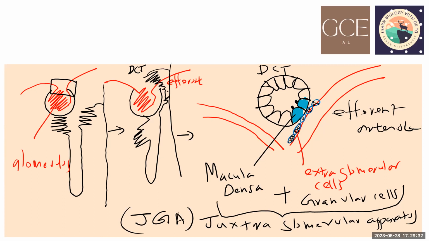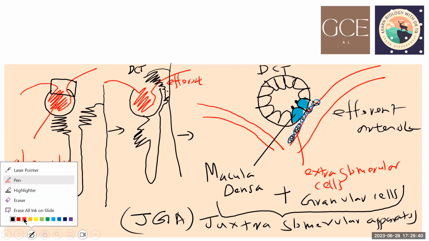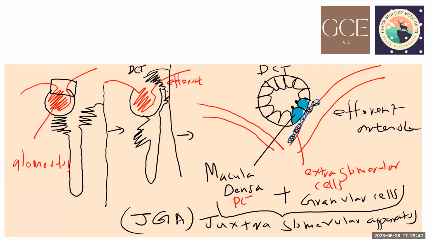It is a collection of two types of cells. What are the two types of cells? Macula densa cells, which are from the proximal convoluted tubule. Then the granular cells are from the efferent arteriole, more attached to the efferent arteriole.